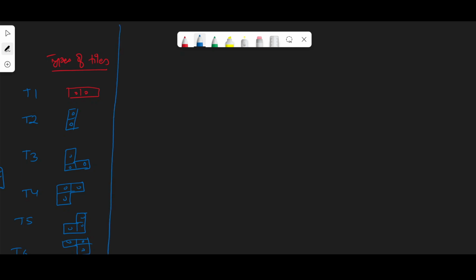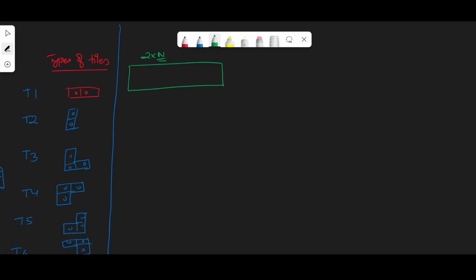Now, if you have to solve for 2 cross n, let's talk about the last tile that completes the 2 cross n, that means some n, and we just finish it up perfectly.